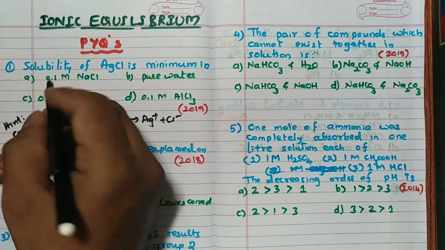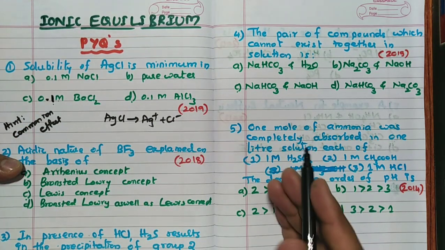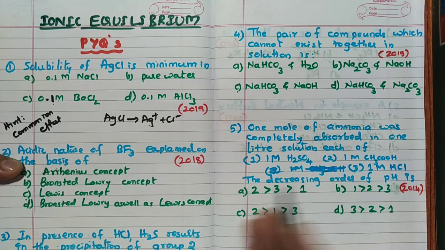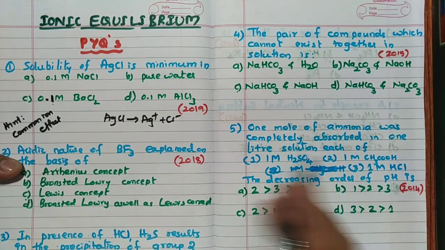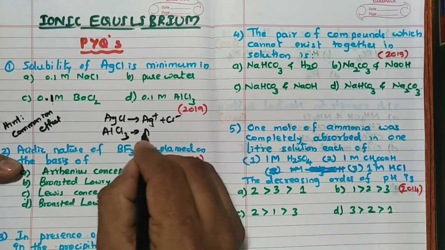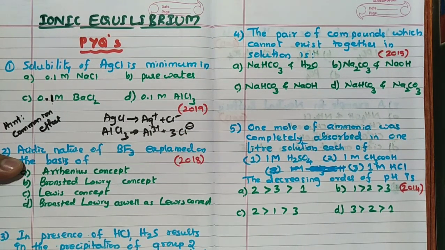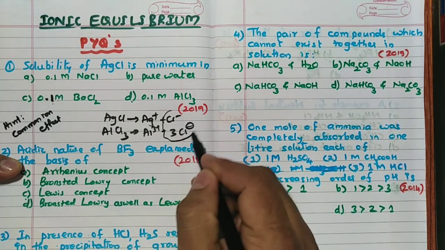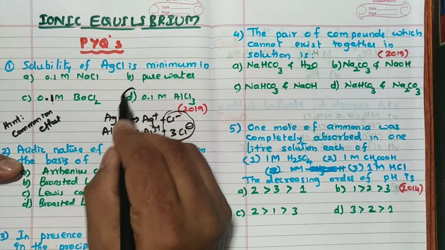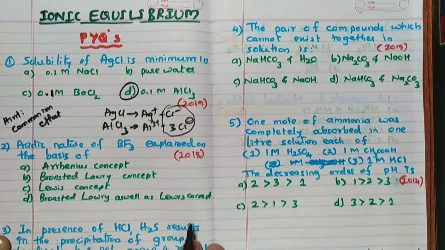But in which case will you get Cl minus in the larger amount? AlCl3, because when AlCl3 dissociates, you get Al3 plus and 3 Cl minus at a time, which means concentration of the common ion increases. Hence, solubility decreases. Answer is D. 2019 asked question.